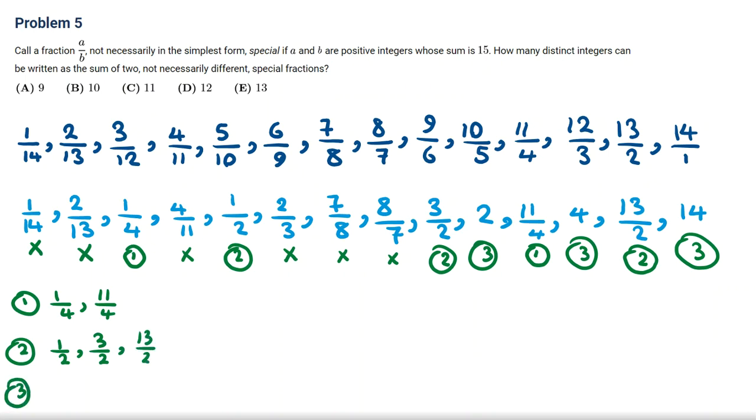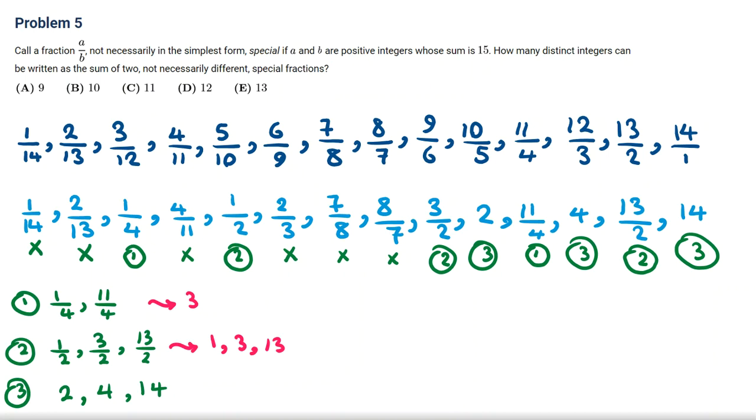In the third part we have 2, 4, 14. If we consider 1 over 4 plus 11 over 4, it will be 3. Each of them plus itself is not useful: 1, 3, 13.